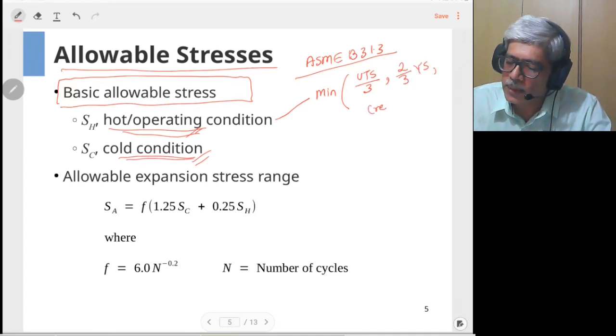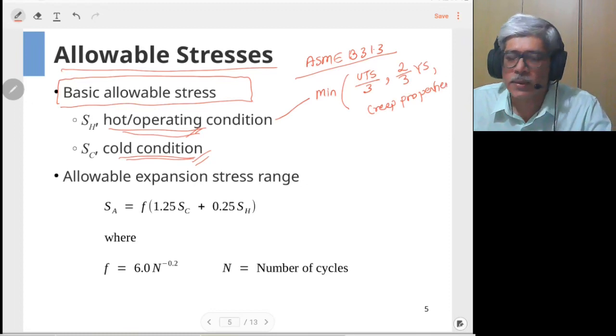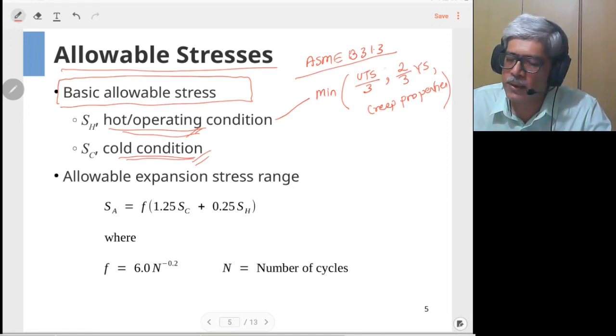or the creep properties. So if the piping is operating in the creep range where the time dependent deformations come in the picture, the creep properties like creep rupture strength, and there are few more which need to be taken into account. Usually if you are talking about non-creep design, it is governed by the ultimate strength and the yield strength.